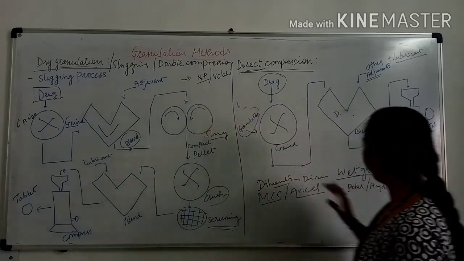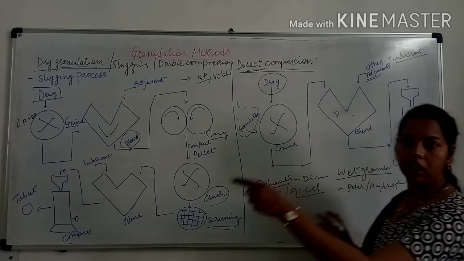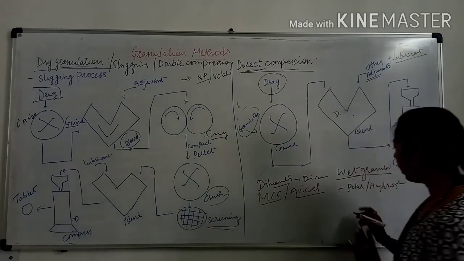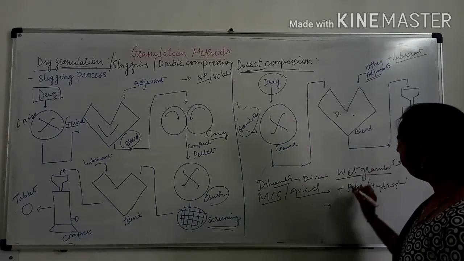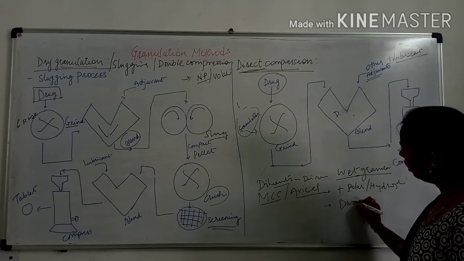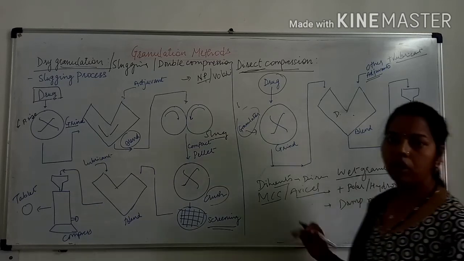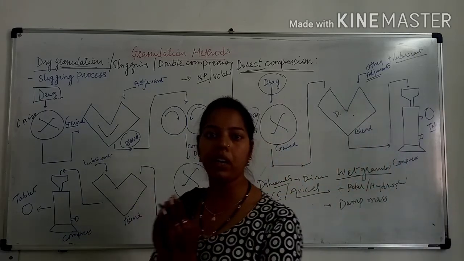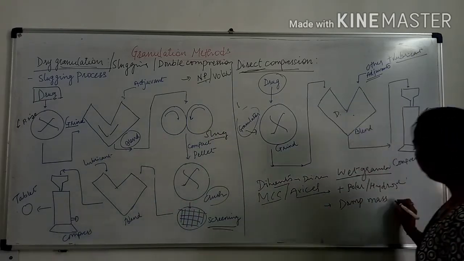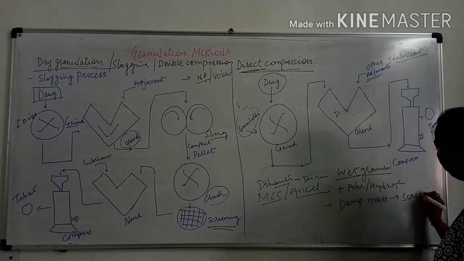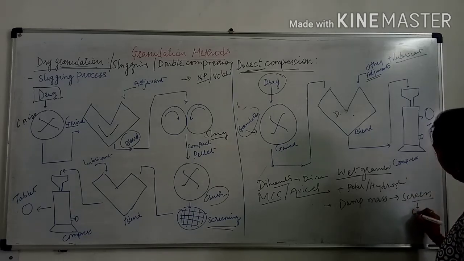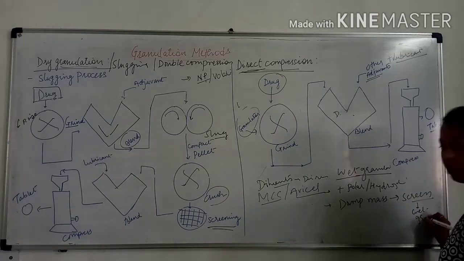This was the first difference between wet granulation and dry granulation. The second thing is that in wet granulation we make a damp mass of the content with the help of liquid, which we have to screen out, and we get wet granules.